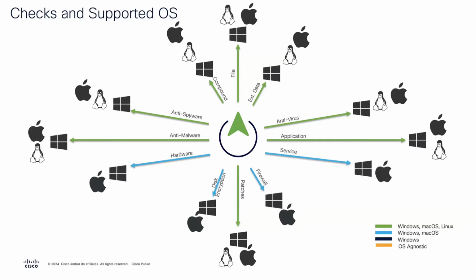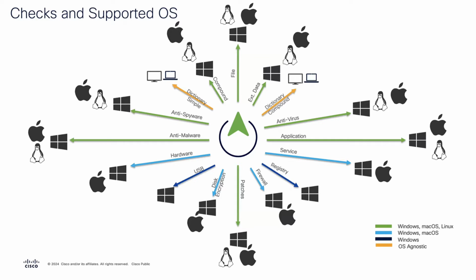Whereas hardware, disk encryption, firewall, and service checks can be done on the Windows and Mac operating systems. USB and registry checks are possible for you to create on a Windows operating system alone. And dictionary simple conditions and dictionary compound conditions are OS agnostic.